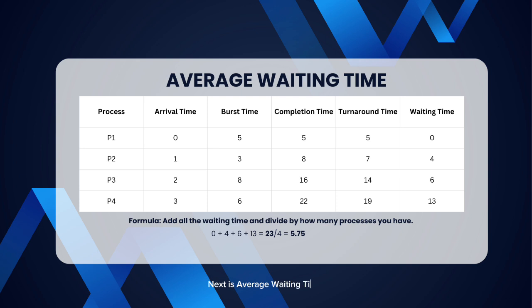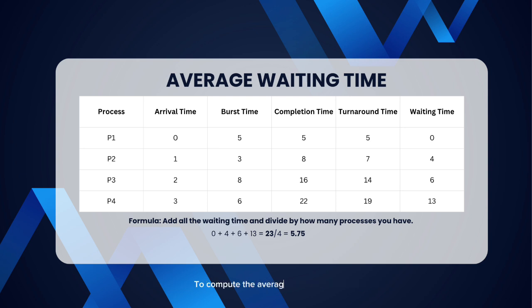Next is average waiting time. The waiting time of a process refers to how long it waits in the ready queue before it gets executed. We calculate the waiting time for each process using the formula: turnaround time minus burst time equals waiting time. Based on the given data, the waiting times for each process are as follows. P1 has a waiting time of 0, P2 has 4, P3 has 6, and P4 has 13.